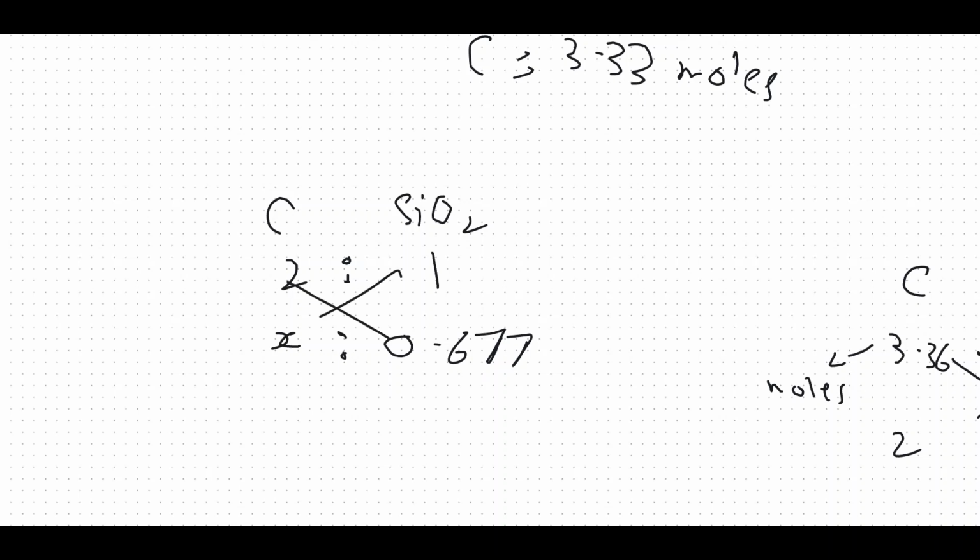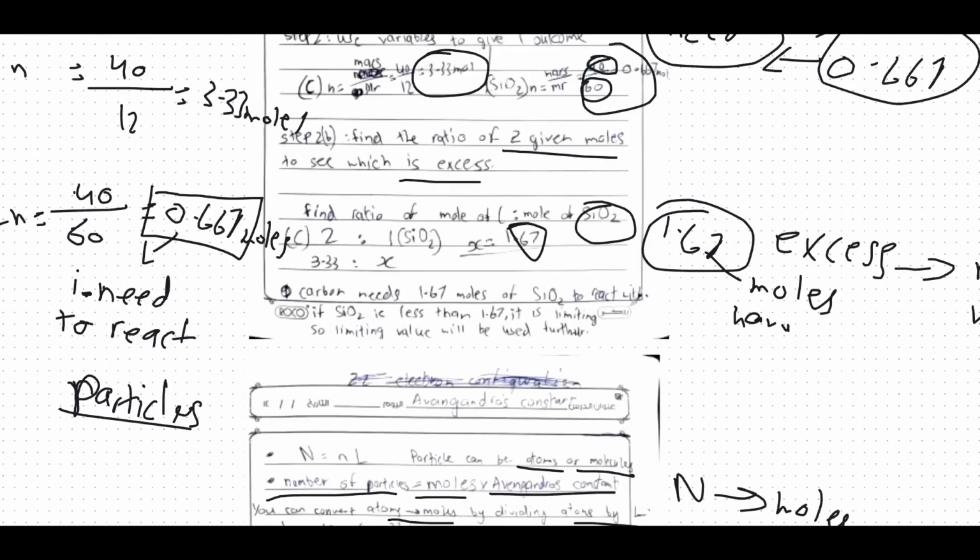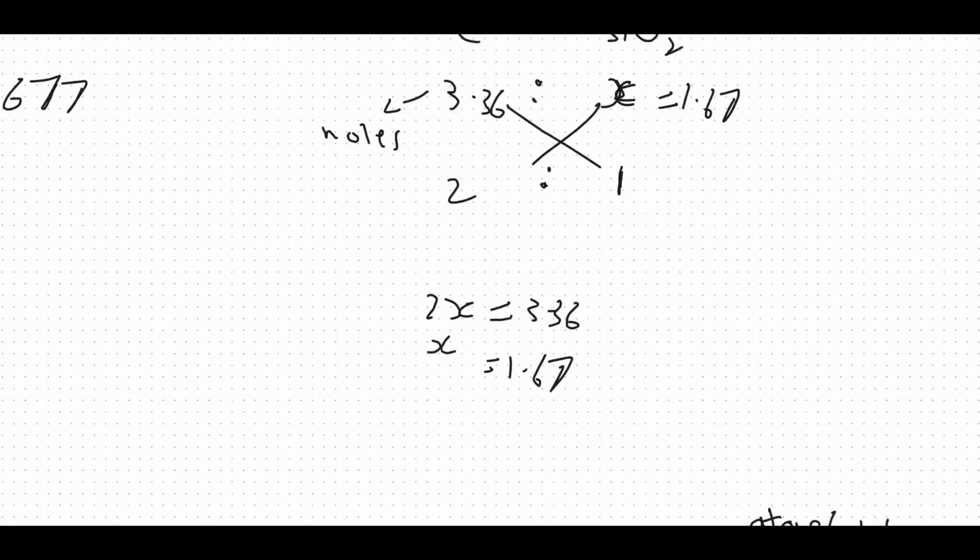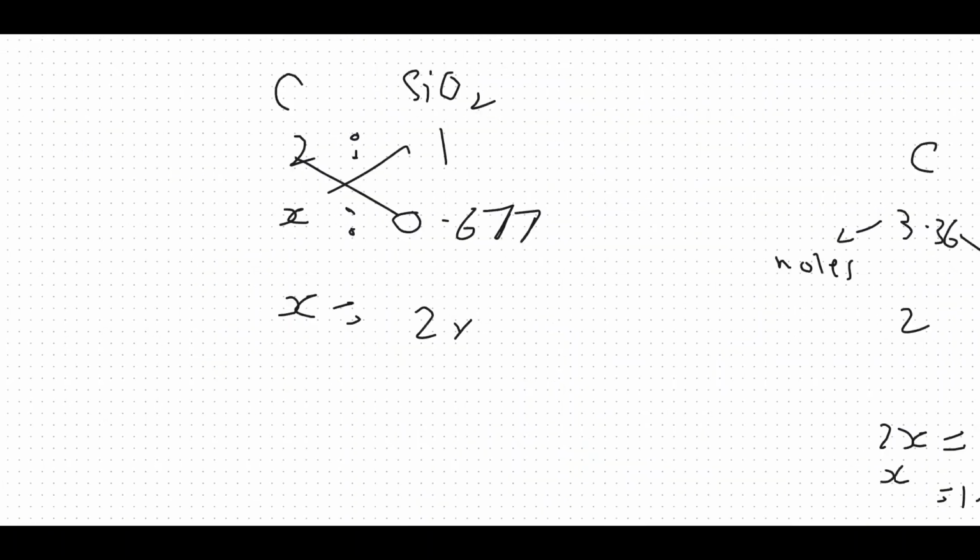Let me do it on my calculator. 2 times 0.667 gives me the value of X. What I'm getting is 1.354.